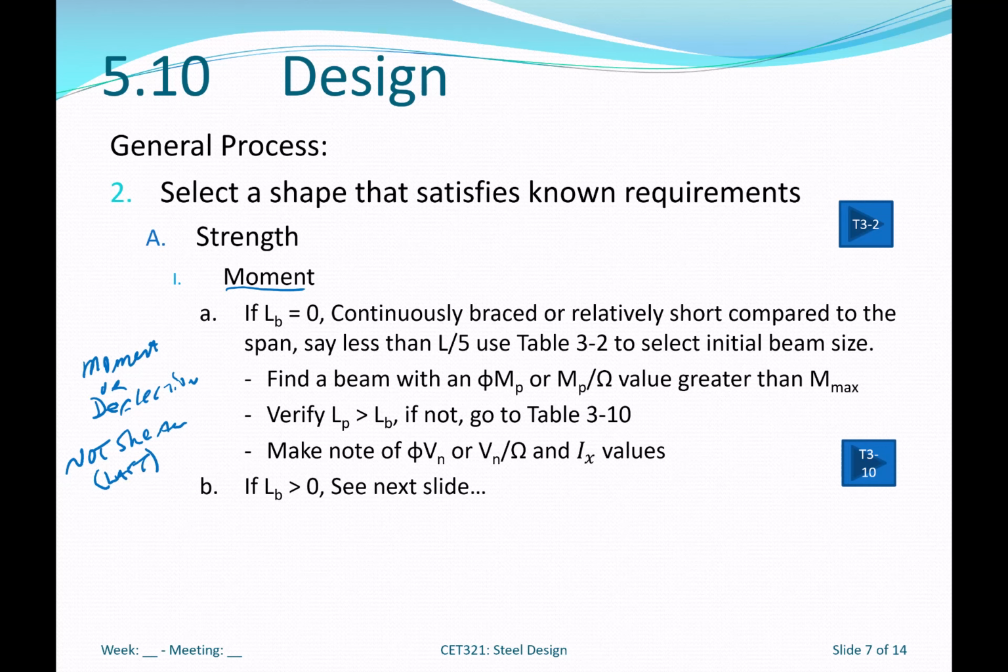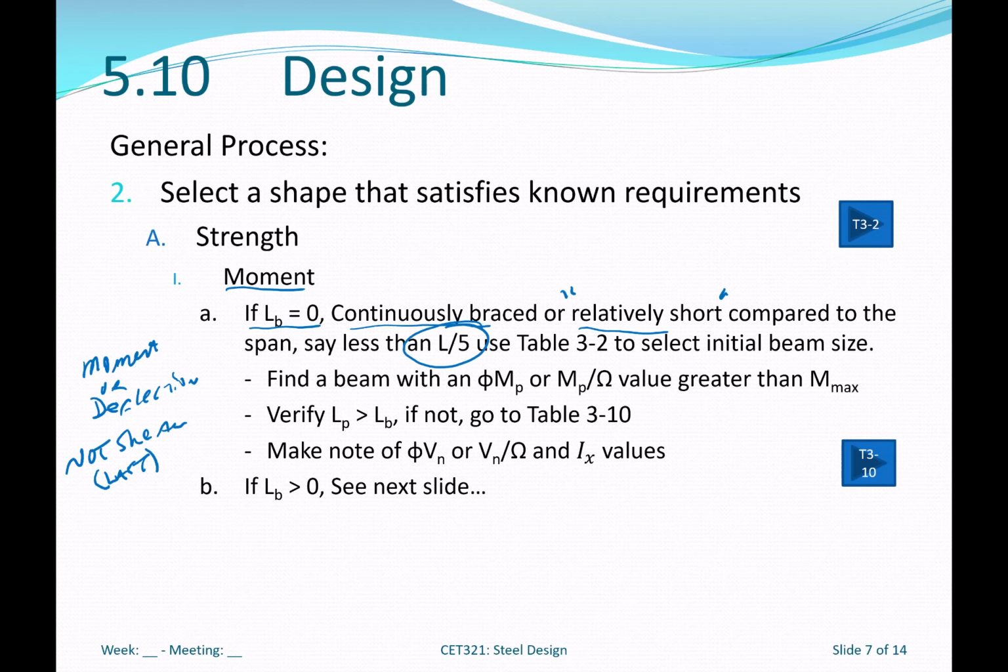All right, so again, if I have an unbraced length of 0, which means it's continuously braced or relatively short, and again, what does relatively short mean? I guess I'm saying relatively short means an unbraced length less than span divided by 5.